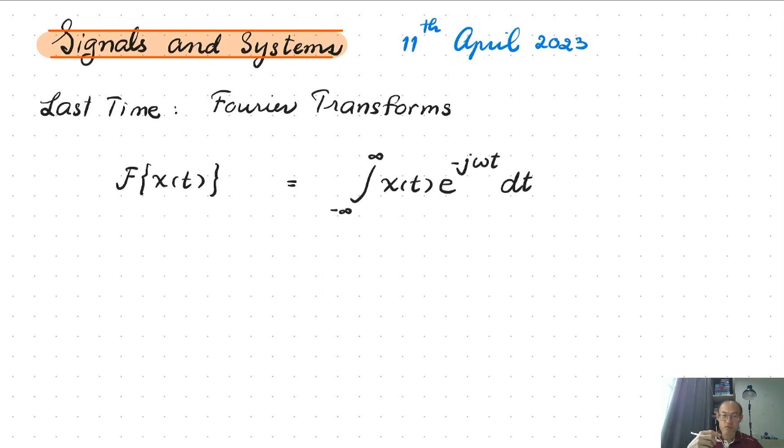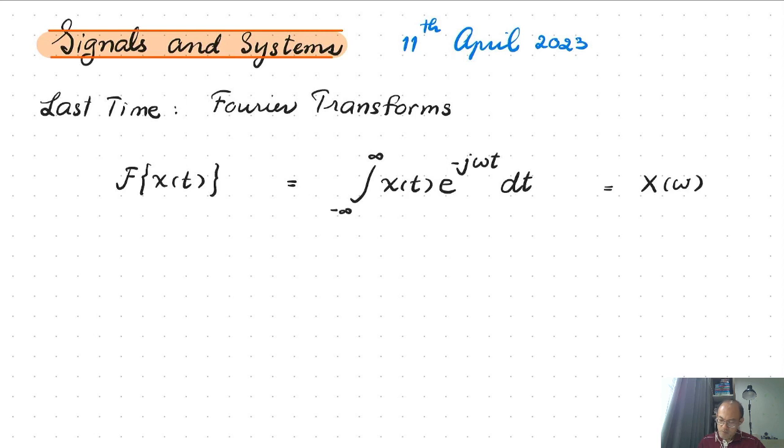Once the integration is carried out, the variable t will disappear, and we will have only the variable omega left. So the integral will be a function of the frequency omega. That's why we denote the Fourier transform of the signal x by the capital X, a function of omega.